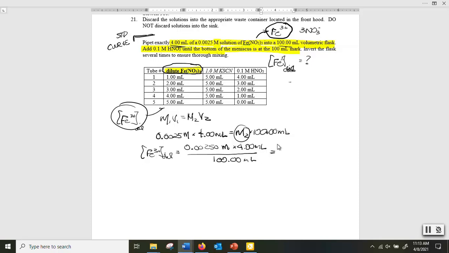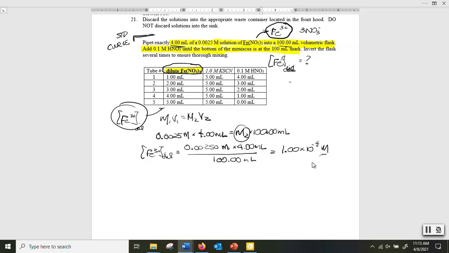And when you do this, I want you to go ahead and do this right now. But I think you're going to find that it ends up being 1.00 times 10 to the minus 4th molar.